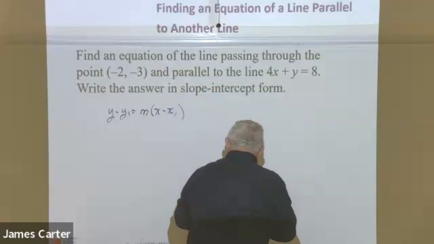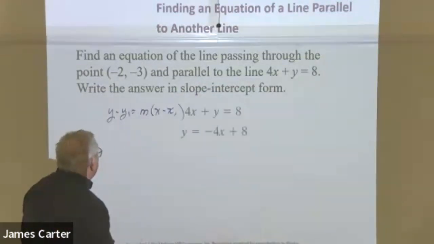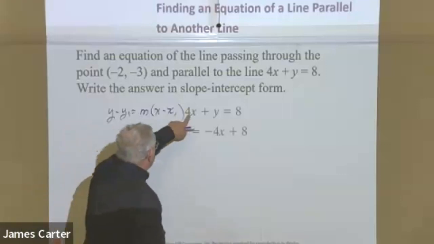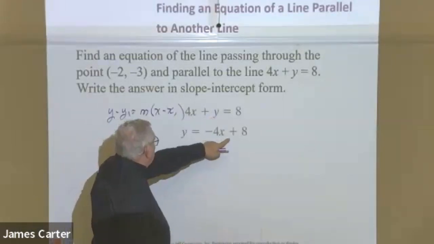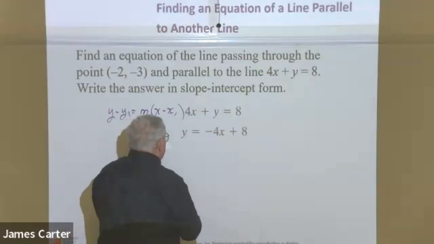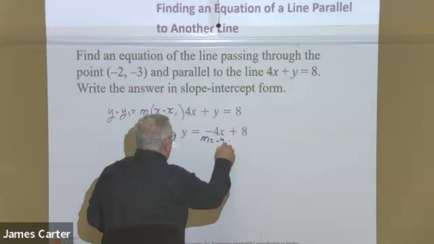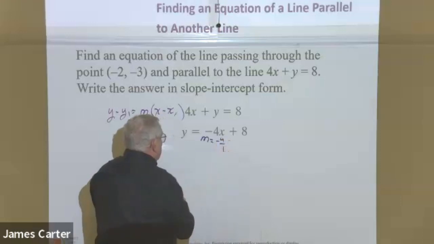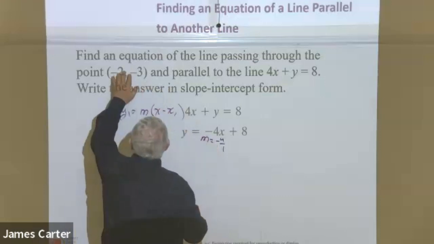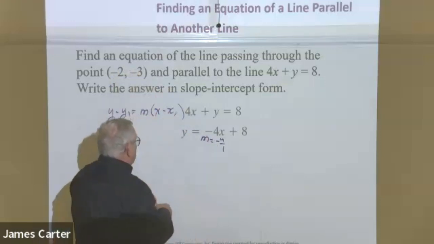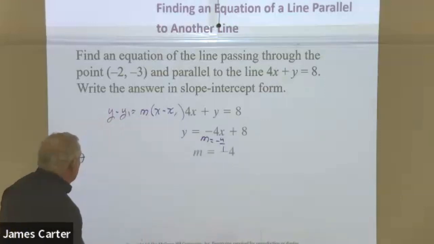What do we got to do on this? Well, we've got to put that in y equal mx plus b form. Take the x to the other side. Okay, isolate that y. So what is my slope in this case then? M equals -4/1. Okay. Well, that's going to be the same slope that we used with this point. So now what are we going to do?